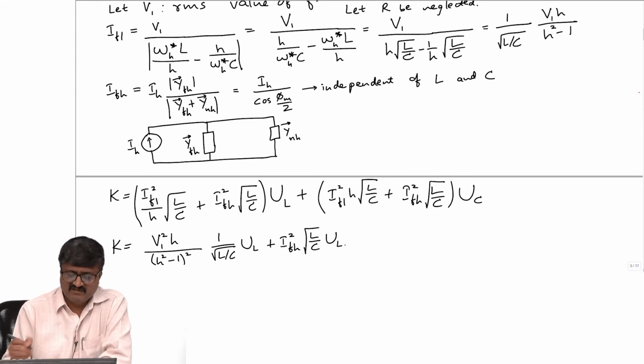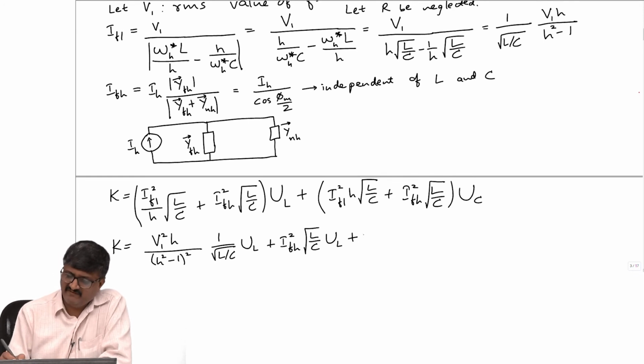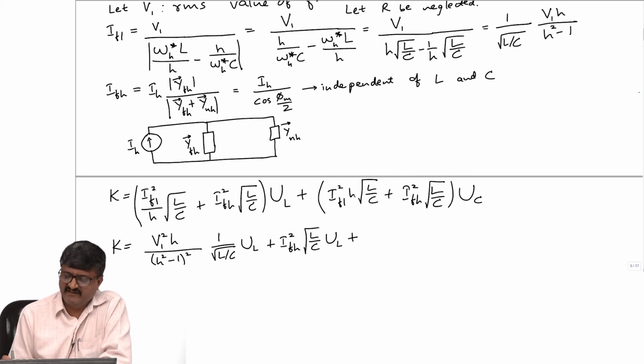The second term I write as it is, because I of H is independent of L and C. Okay. So, I am just substituting the expression for I of 1. Similarly, if I take the first term in the cost function of the capacitor, again substitute for I of 1.